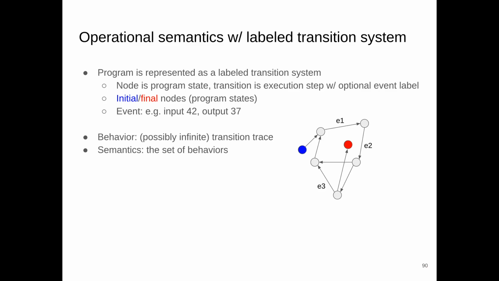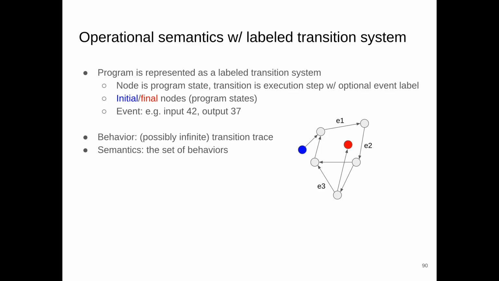So that's a behavior. In that example, E1 will be, for example, printing 42. And this is the state, the program state, where the program counter is pointing to the print 42 line. And the next state will be the state whose program counter is pointing to the line after the print 42.